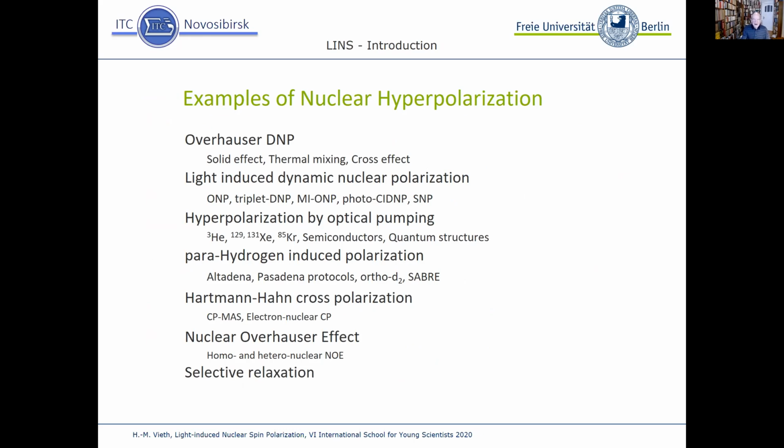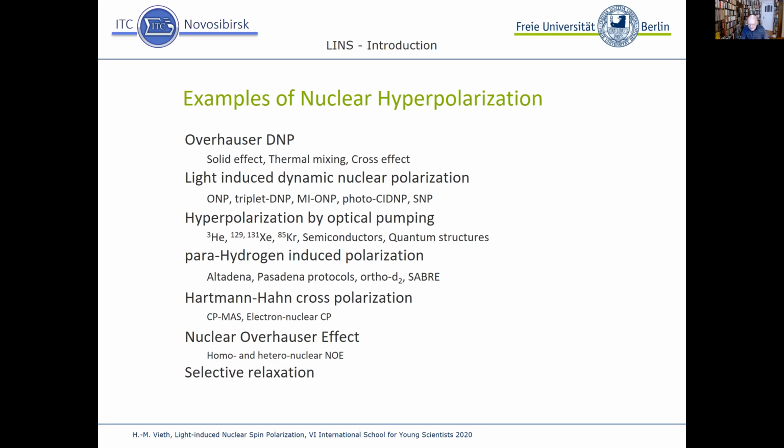hyperpolarization by exploiting parahydrogen, or in the old days, mainly used Hartmann-Hahn cross-polarization in heteronuclear solid-state NMR, or also some hyperpolarization is obtained by the nuclear Overhauser effect, which many of you may know, or by selective relaxation.